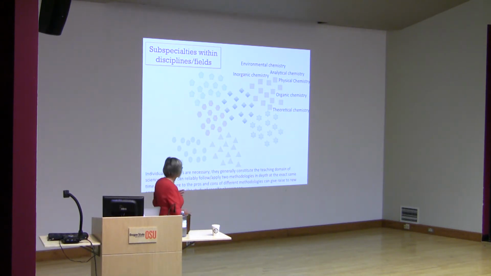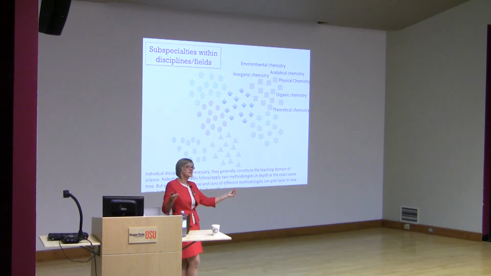And the reason why we need this, and to educate people in traditional disciplines, is that there is really nobody, or hardly anybody, who can apply the very sophisticated methodologies that are inherent in the different disciplines at the same time with the same degree of rigor in the same subject.